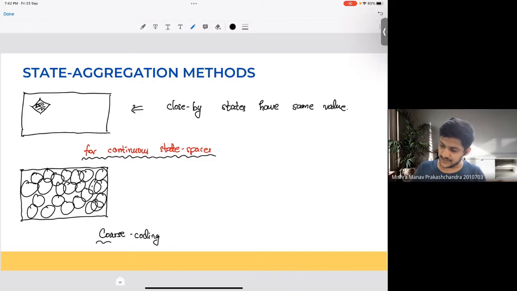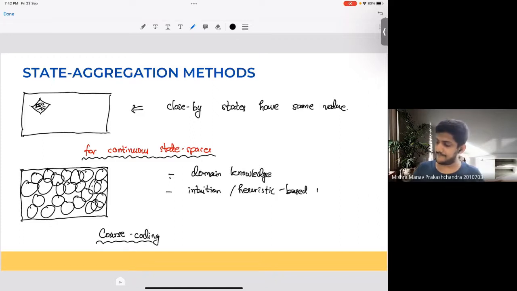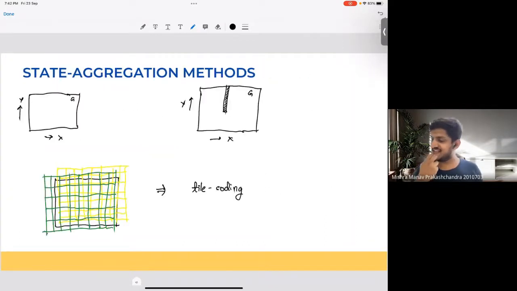And the way you do coarse coding is again dependent on domain knowledge, some intuition or heuristic based method, right? So this is how your coarse coding works.